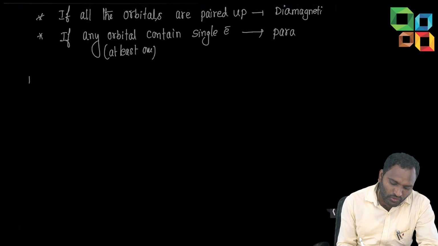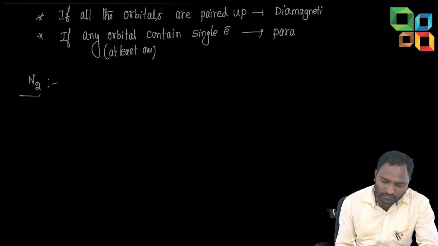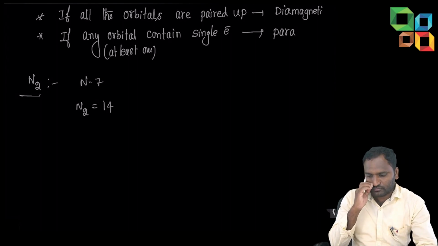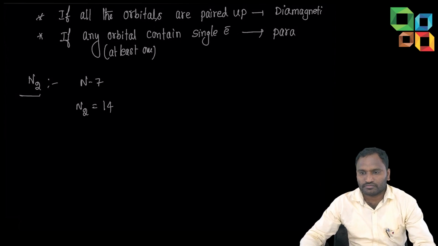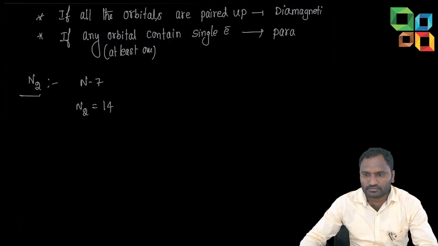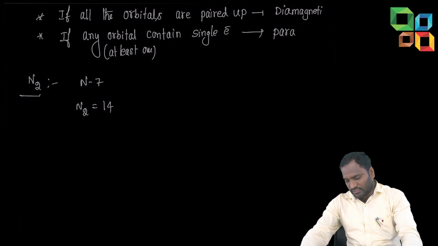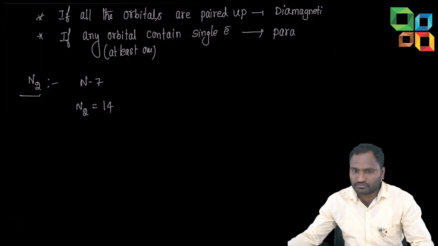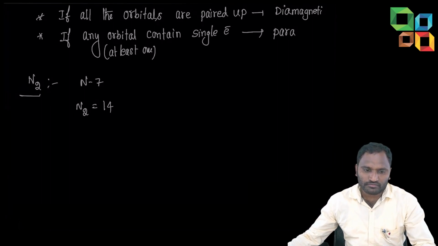Can you find out the bond order of N2, students? Nitrogen atomic number 7. N2 means how much? 14. Can you find out? Write the electronic configuration and find out the bond order.